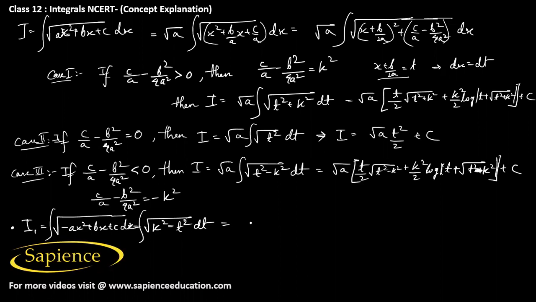So then that will be equal to t by 2 square root of k square minus t square, then plus k square by 2 sine inverse t by k, then plus c. And here actually root a also we have to take as common outside. So root a into this plus c.